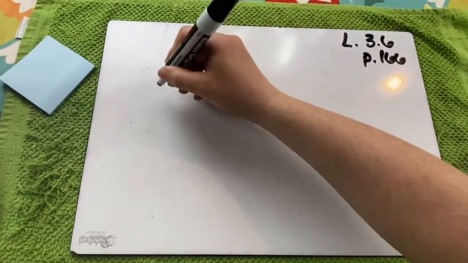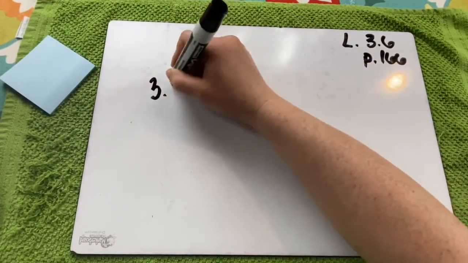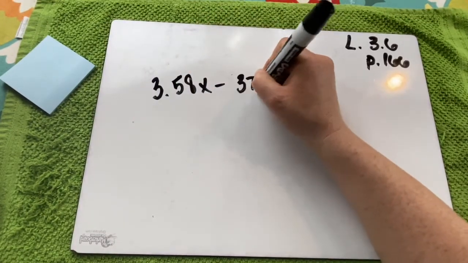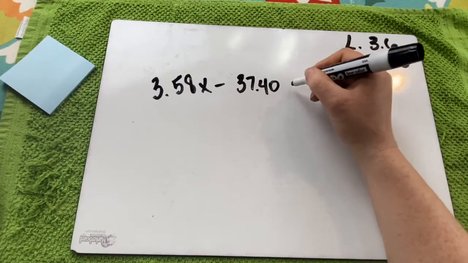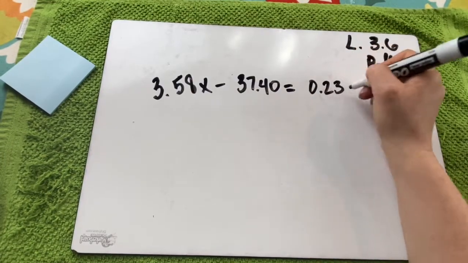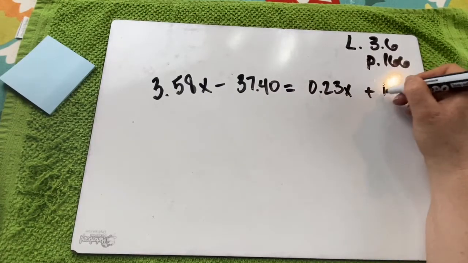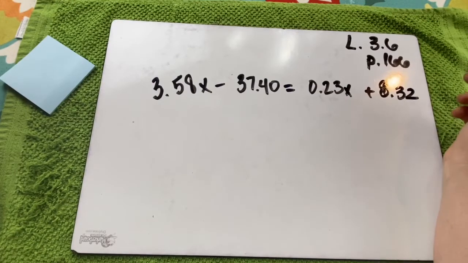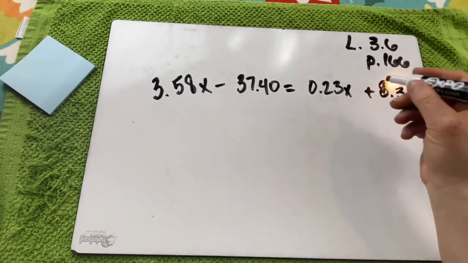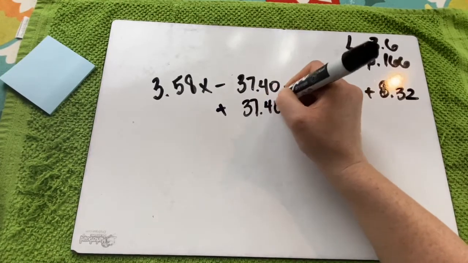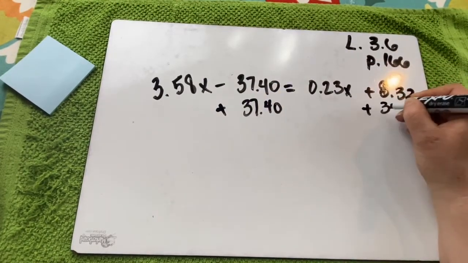Same thing. You're doing the same thing, but when you get to that hard dividing part, use your calculator. Okay, so 3.58x minus 37.40. It looks like a lot, but it's the same thing we were doing yesterday. Okay, so I'm going to plus 37.40 plus 30.